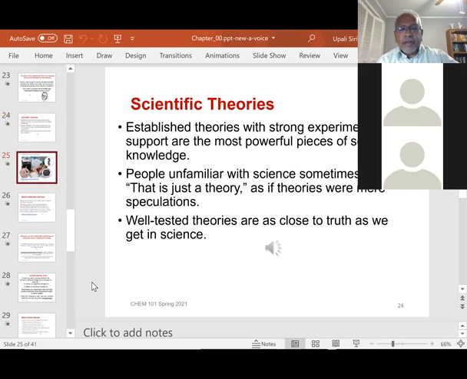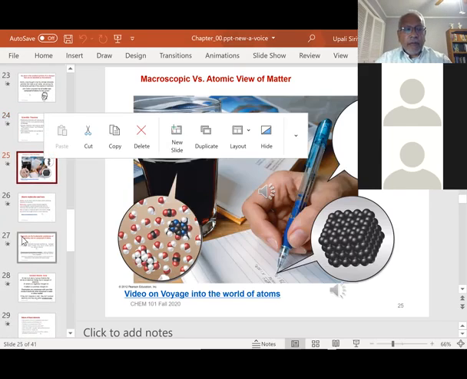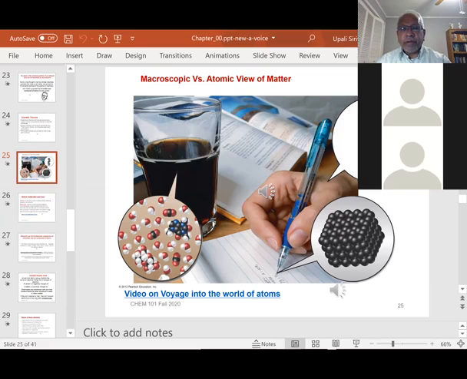So we're going to look at the atomic view of matter after Dalton's atomic theory. If you look at the cup of Coke here, a soft drink, you can see a macroscopic view, or general view.